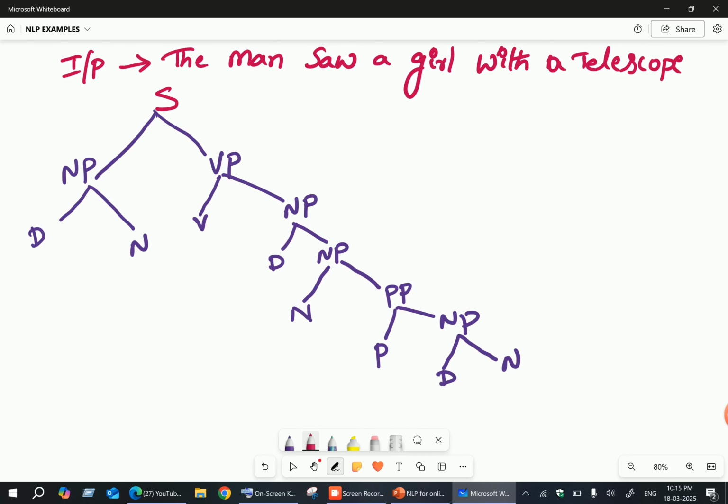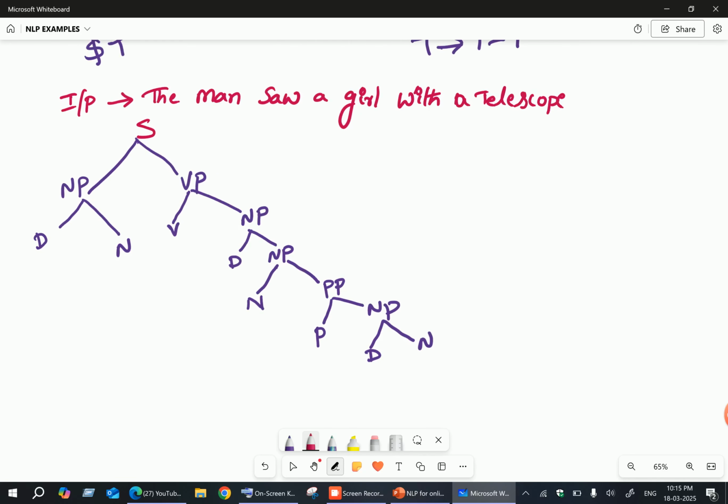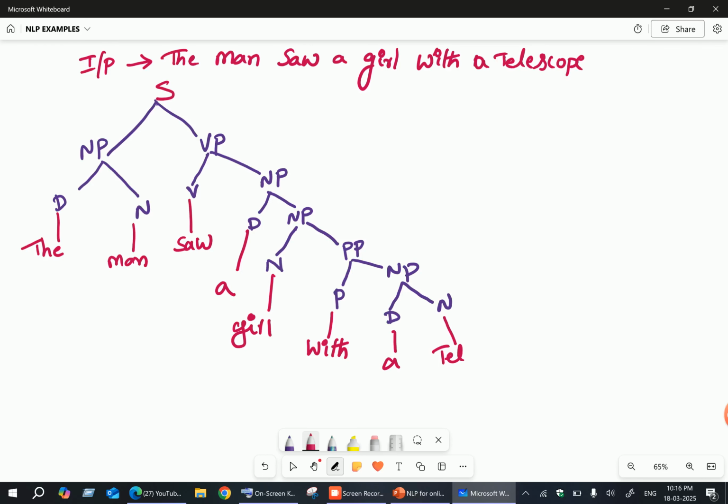Now I will write our sentence. So after tagging the parts of speech, I will write our sentence here like this. Determinant means the, noun means man, verb is saw, determinant is a, noun is girl, preposition is with, determinant is a, and telescope is noun.